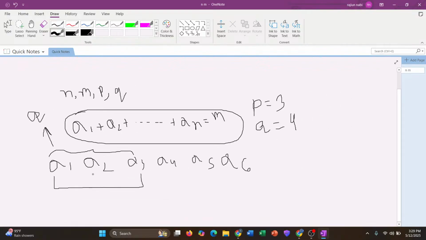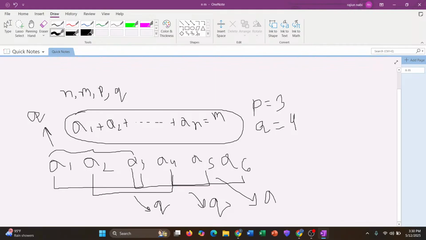Also, the next consecutive three elements, the sum is also q. So it continues, the next three also q. And the total sum a1 plus a2 plus a3 plus a4 plus a5 plus a6 will be equal to m. Okay, I hope you get the problem statement.